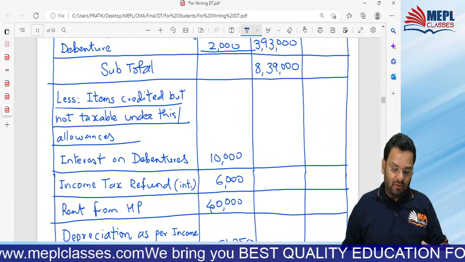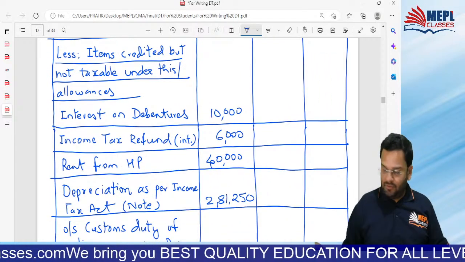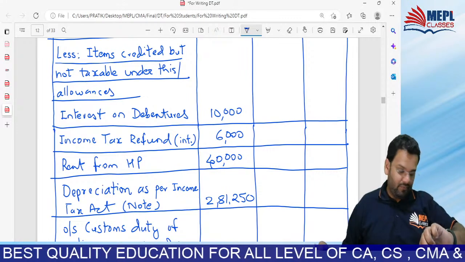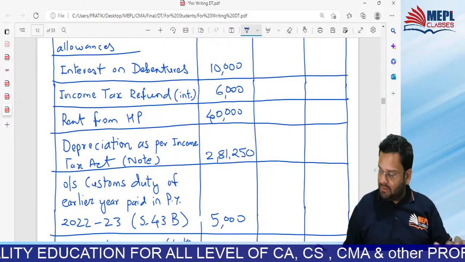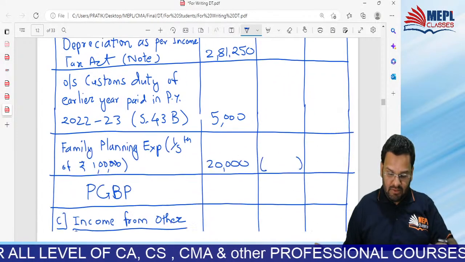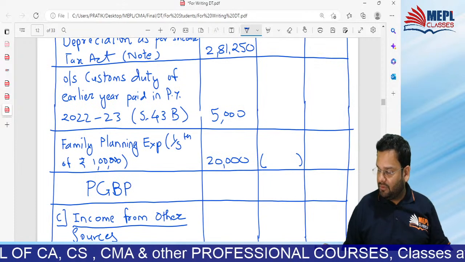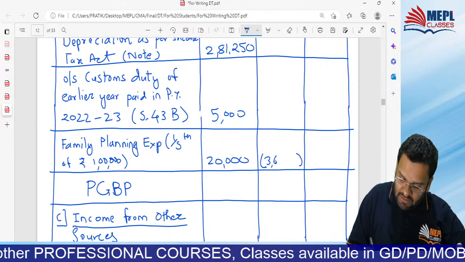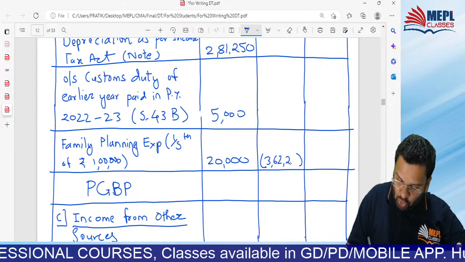So take total of less items. 10,000 plus 6,000 plus 40,000 plus 281,250 plus 5,000 plus 20,000. I am getting it at 362,250.